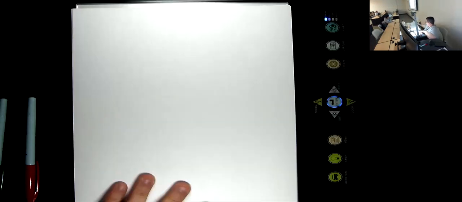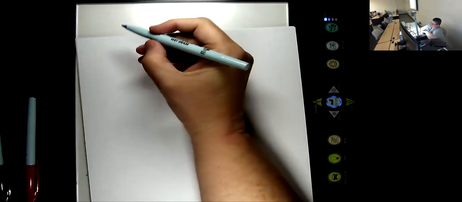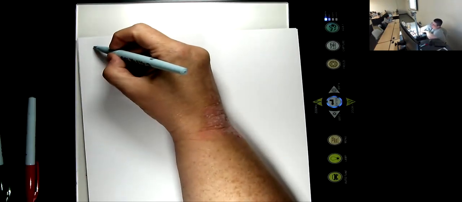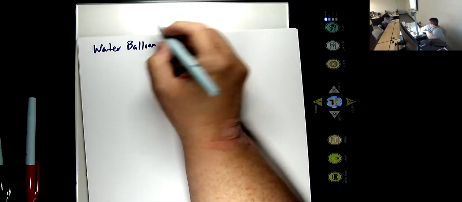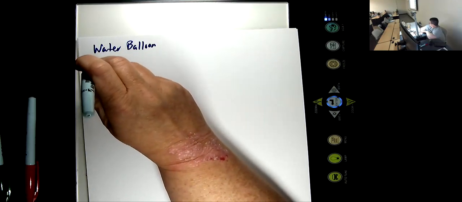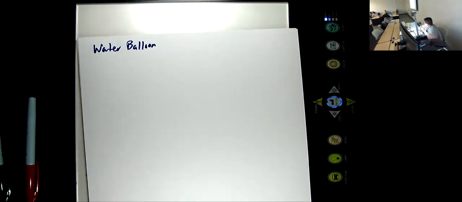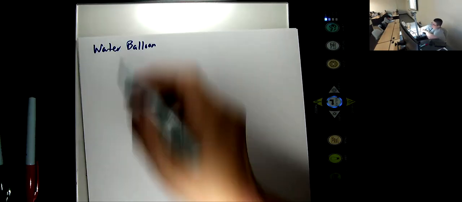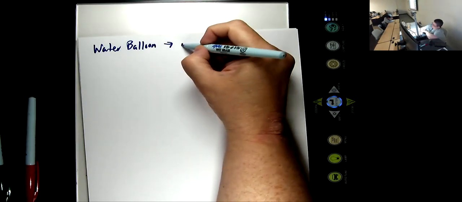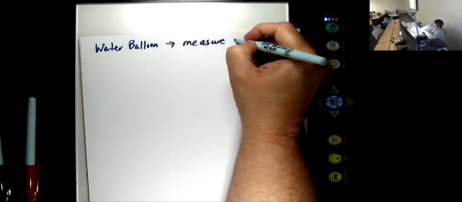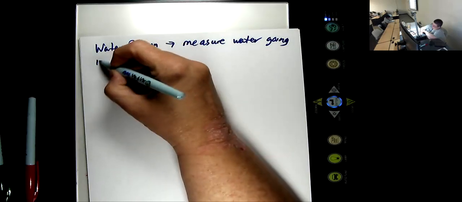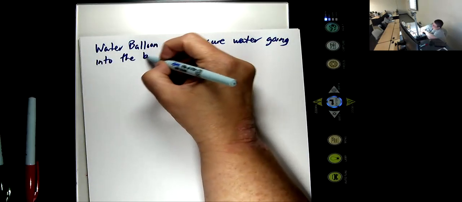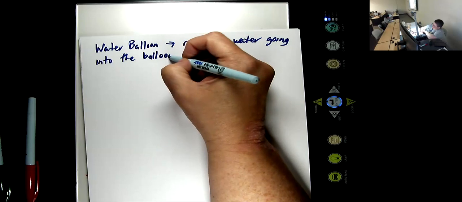Okay. Let's do an example. Let's say you've got a water balloon, and you measure how much water goes into the balloon, which we are going to pretend is spherical.